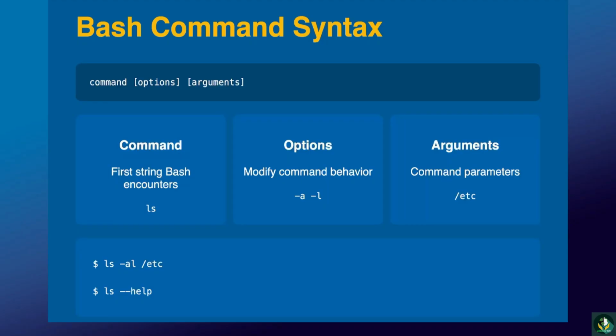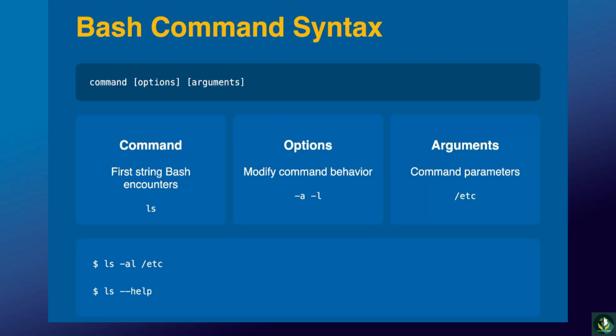When working with Bash commands, three main components work together. The command itself, as you can see on my presentation, then options or flags follow the command, and the arguments.